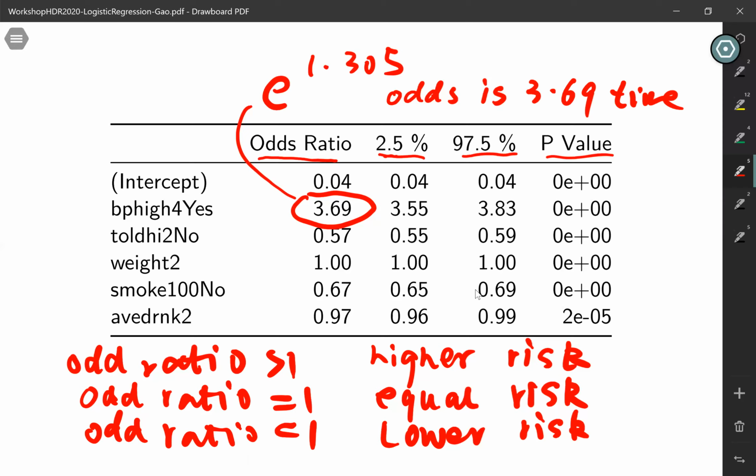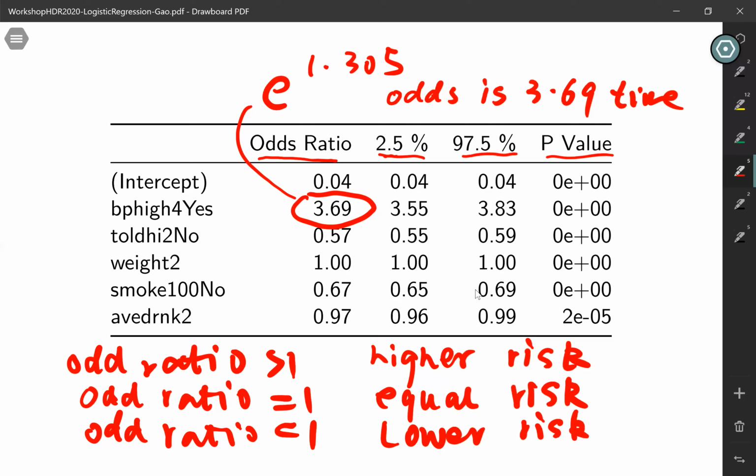If the odds of people getting a stroke is higher, that means the probability of people getting a stroke is higher, right? But we cannot say the probability of getting a stroke is 3.69 times.